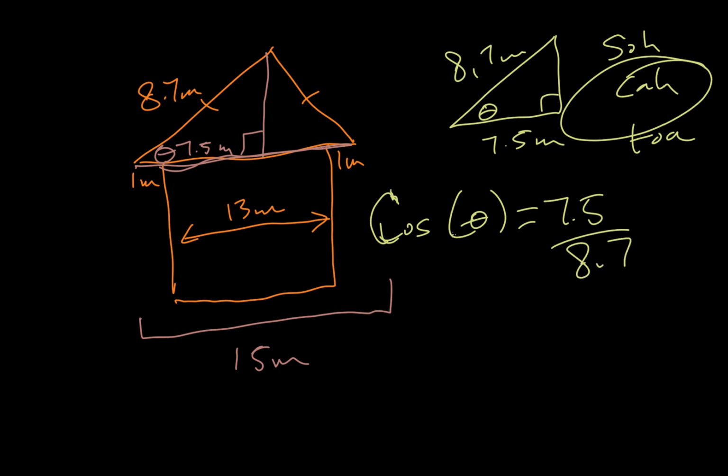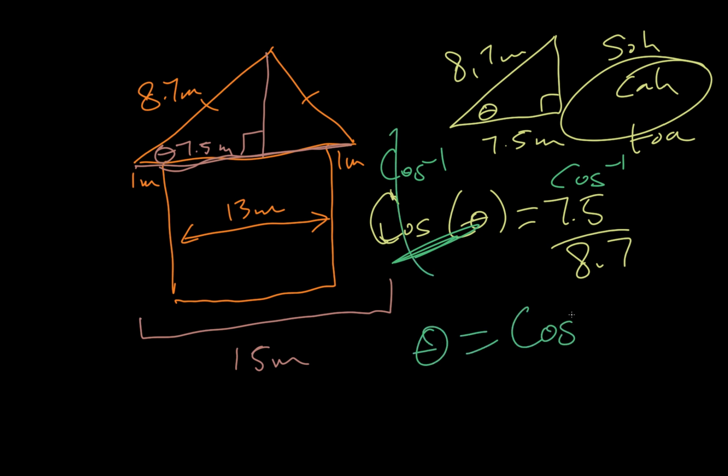So to do the algebra to get to our theta, we have to do an inverse cosine. So these cancel. Theta equals inverse cosine of 7.5 over 8.7.